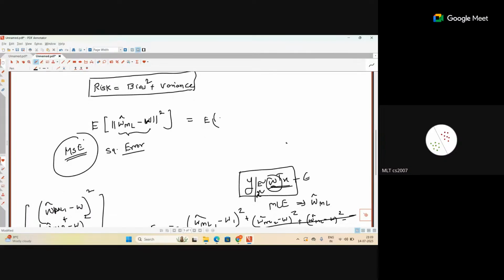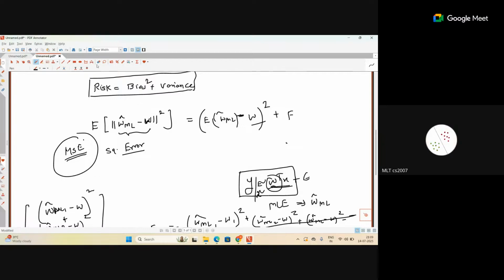So it is the expectation of (w hat ml minus w), whole quantity square, plus what will be the variance? Let us say some variance.